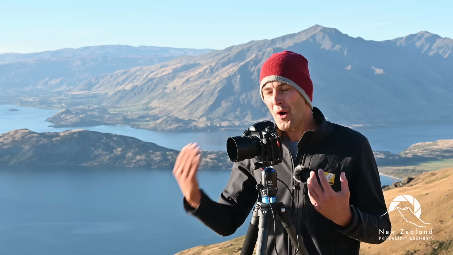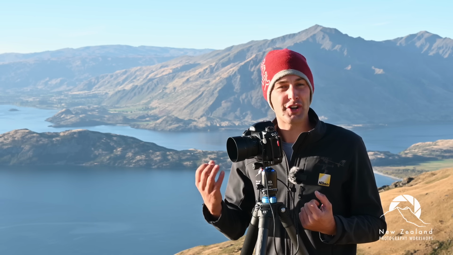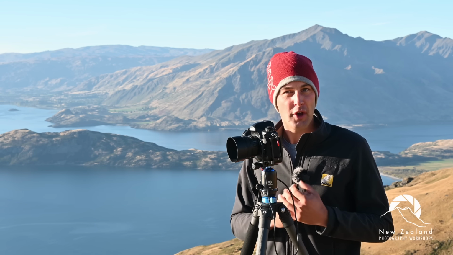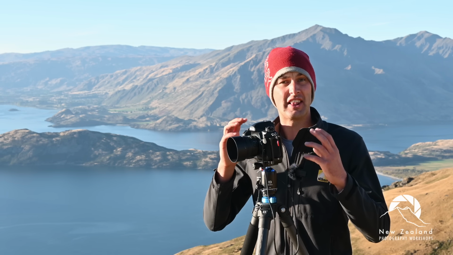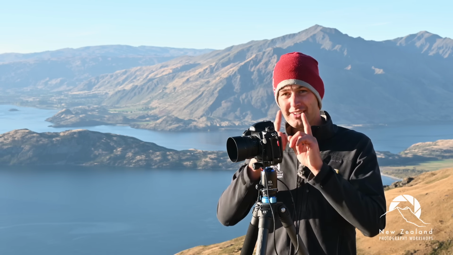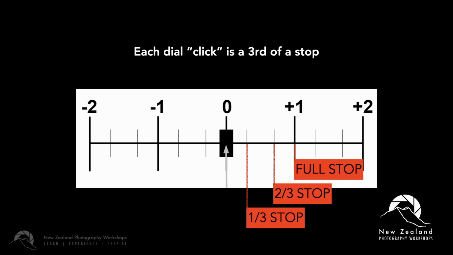Now what I need to do is work out the shutter speed that I'm going to use to get the correct exposure, and to do this I'm going to utilize the light meter in the camera. There's this little light meter that comes up in the viewfinder or on the rear view screen, and it's got a 0, a plus and a minus, and then these little dashes both sides of it, a big dash and 2 small dashes before that.